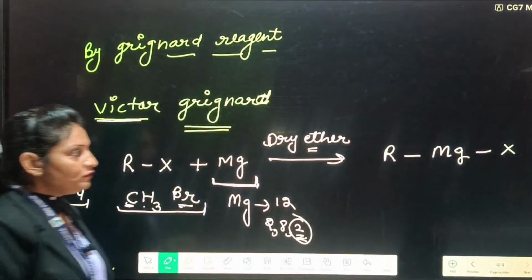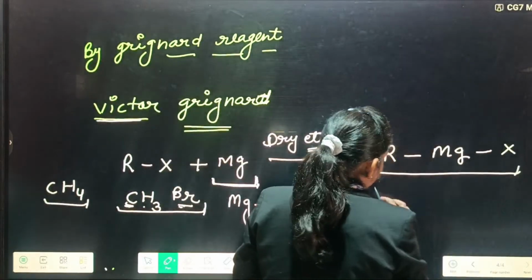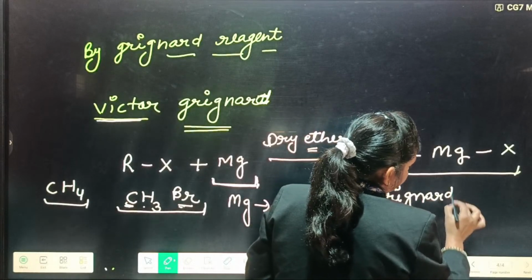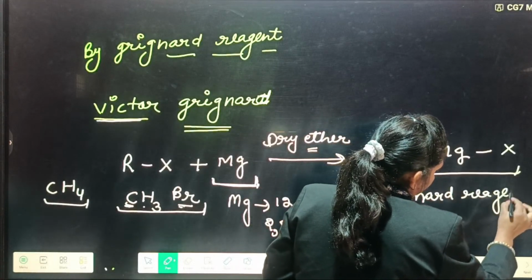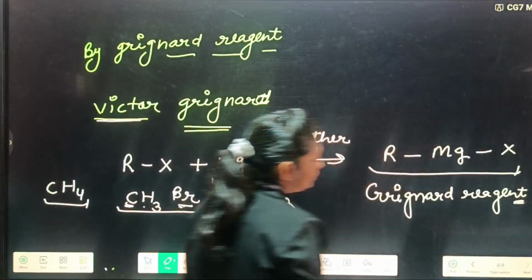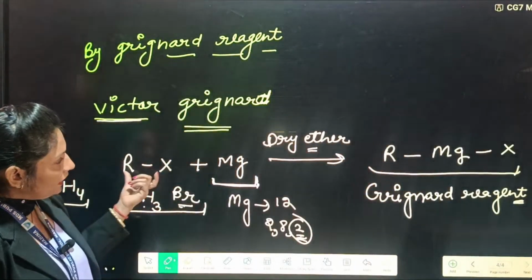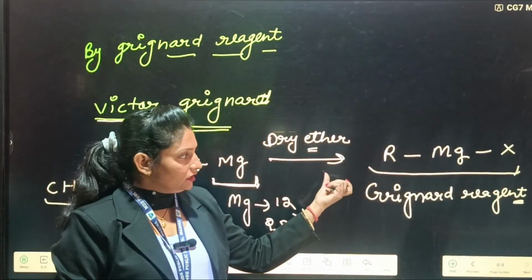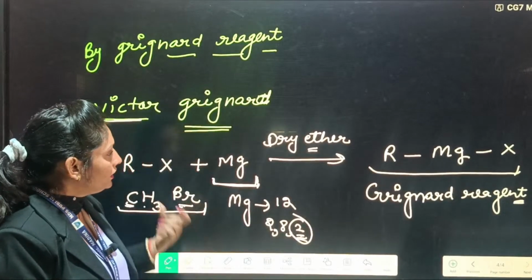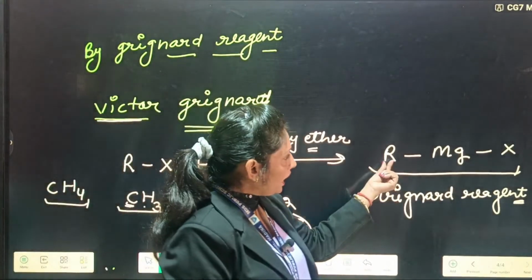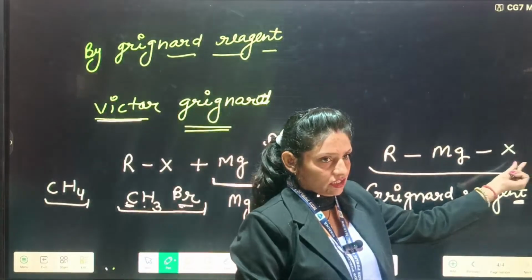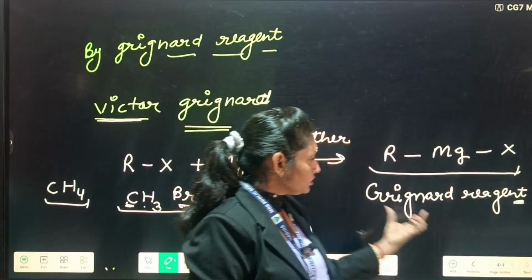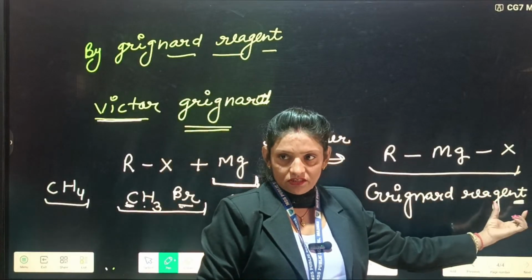Clear? So RMgX, this one is the Grignard reagent. Grignard told us that when alkyl halide and magnesium react with each other in the presence of dry ether, they give us alkyl magnesium halide, and this reagent is known as the Grignard reagent.